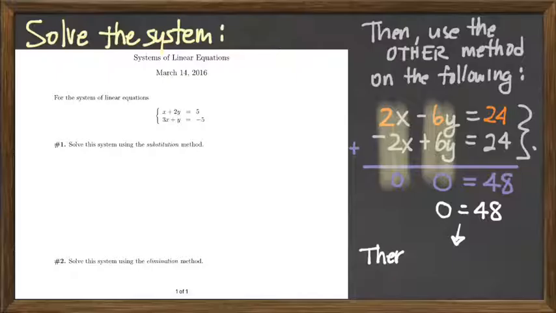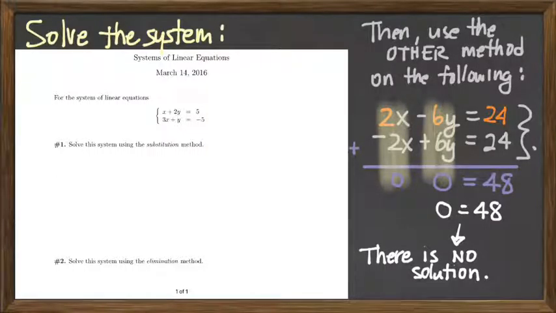What I should do instead is take this moment to pause and realize the following logical position that this puts us in. I've gotten an equation that says 0 is equal to 48. But we know that 0 is not, in fact, equal to 48.